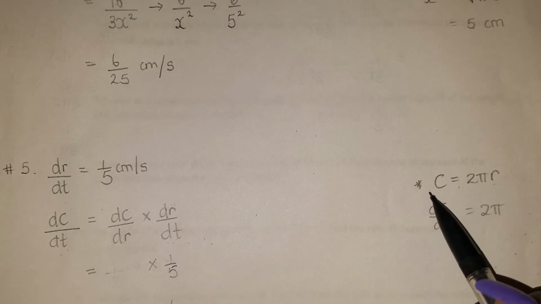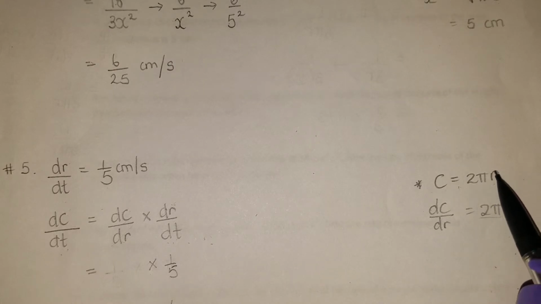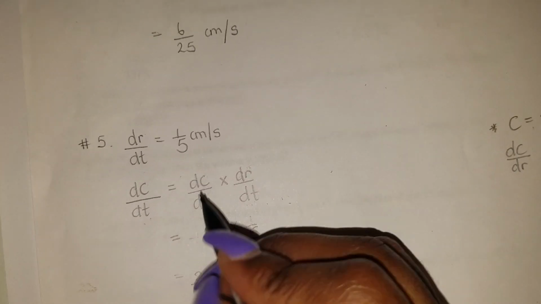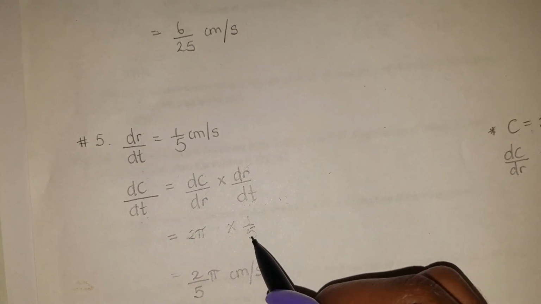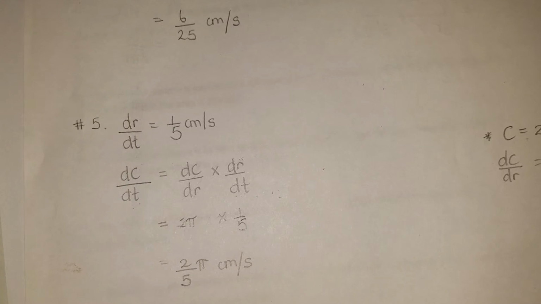So when that gets differentiated, we get dC/dr to be 2 pi, because pi here is a constant and this r is a variable, so it gets dropped. So dC/dr is 2 pi, and when it gets multiplied by the 1/5, we get 2 pi over 5, which is the same as 2/5 pi centimeter per second.